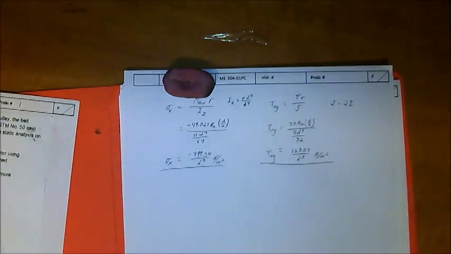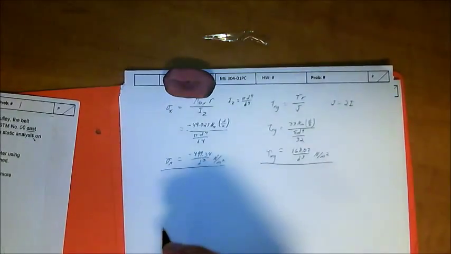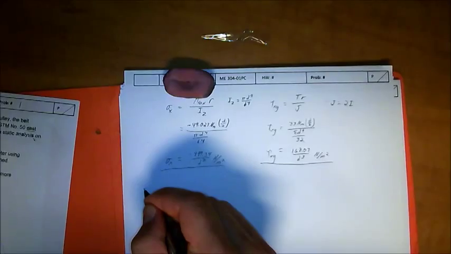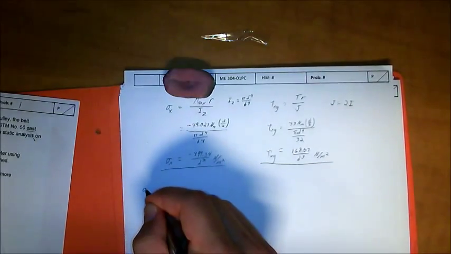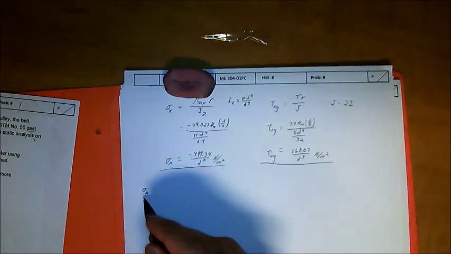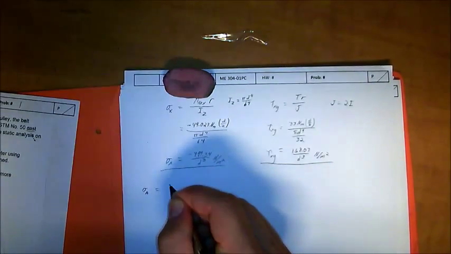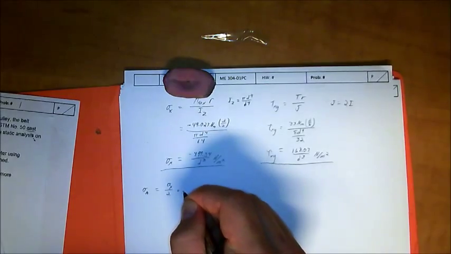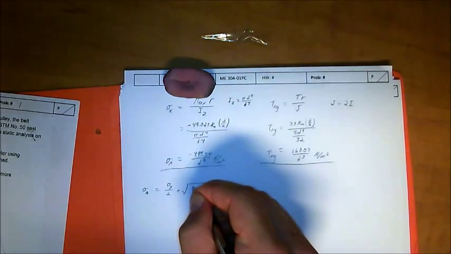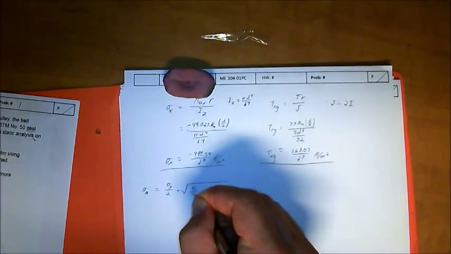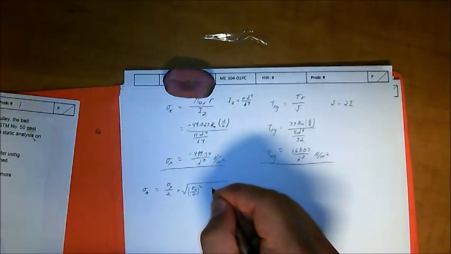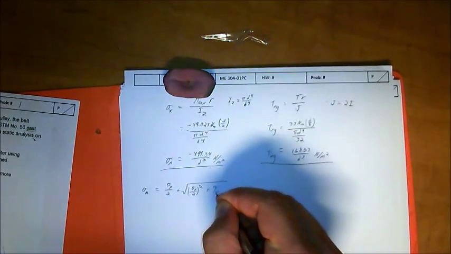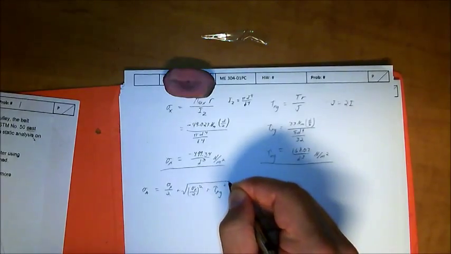Alrighty. So, moving on a little bit now. Now we actually have to do the principal stresses, in order to use Coulomb-Mohr. So we're going to call it sigma A, which can also be sigma 1 if you want to, is equal to sigma x over 2 plus the square root of sigma x over 2 squared plus tau xy squared.